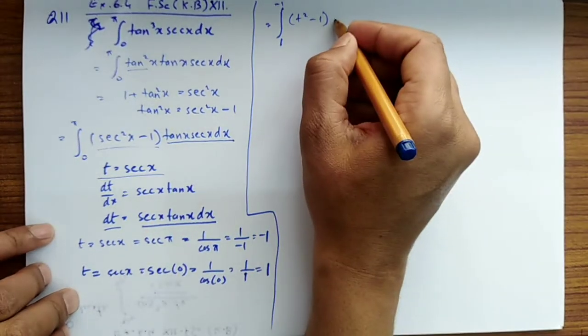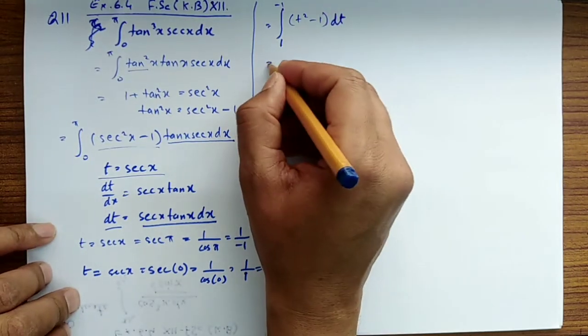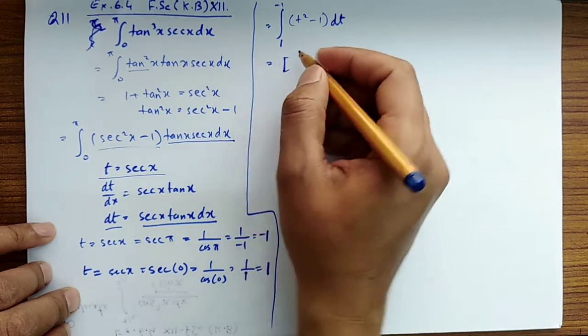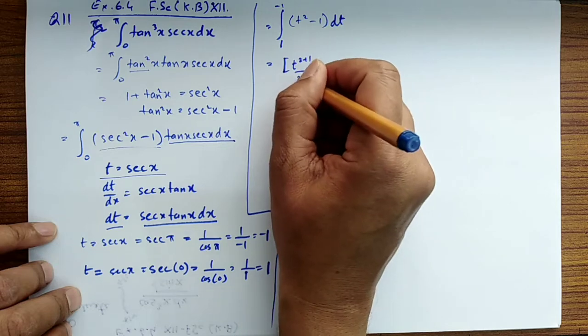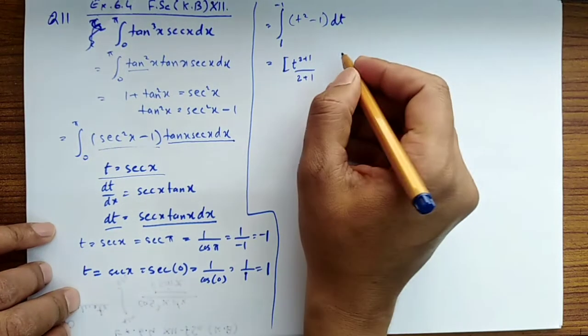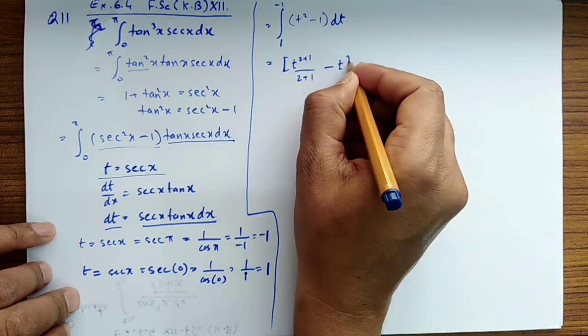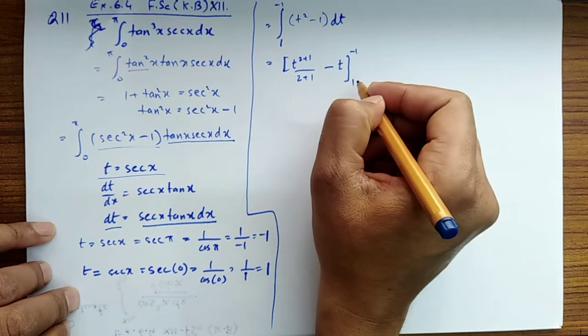From here just substitute the values in terms of t, and now the question is in a very simple form. Find the integral, that is t cube upon 3 minus t, from minus 1 to 1.